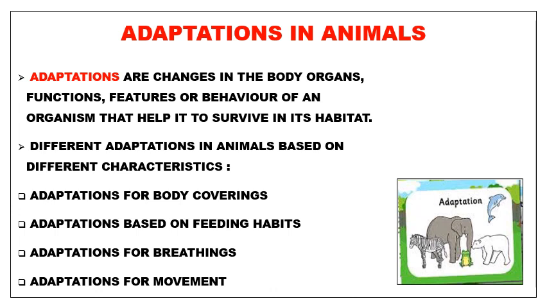You know, different animals show different types of adaptations to live in a particular habitat. Adaptations may be in their body coverings, in their feeding habits, in breathing organs, and in movement. So let us study about adaptations in animals based on different characteristics.